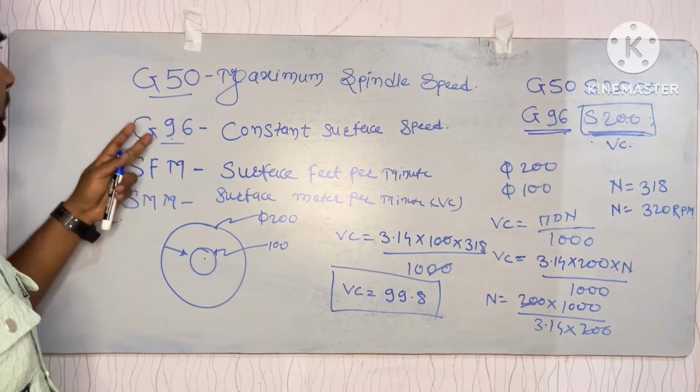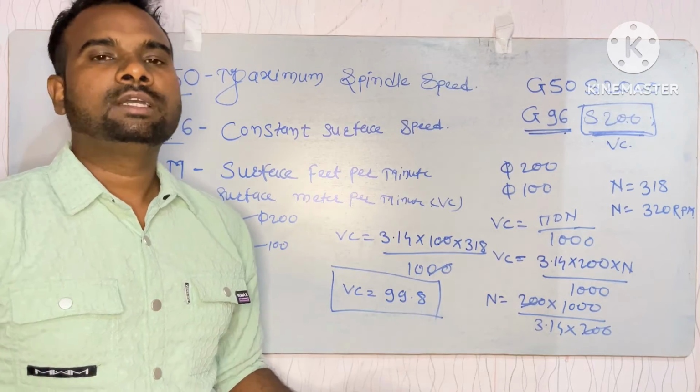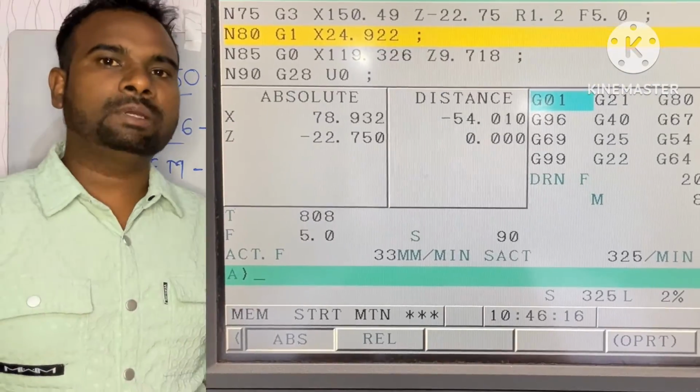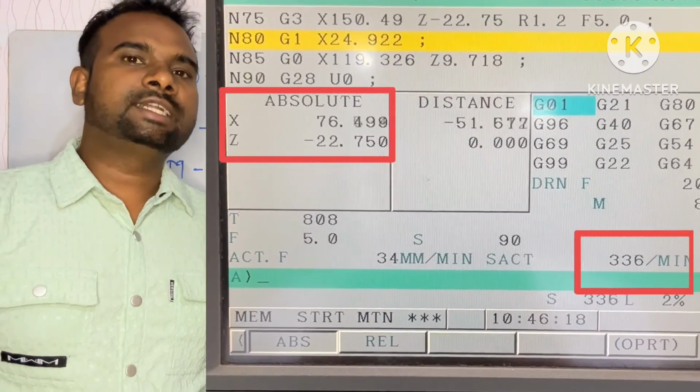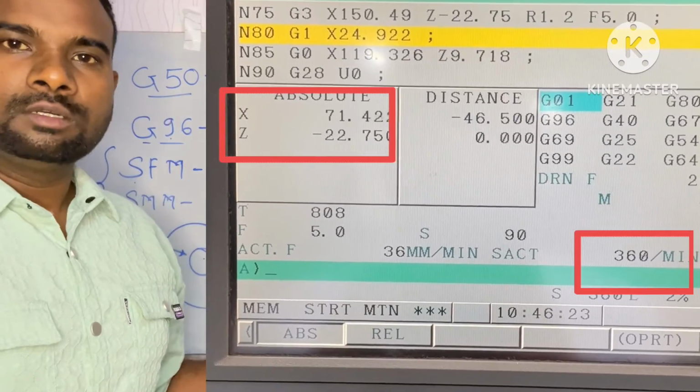With G96 the RPM is calculated by default. You do not have to input another RPM. You can watch in this attached video: it is getting its RPM as the tool comes closer to the center point.